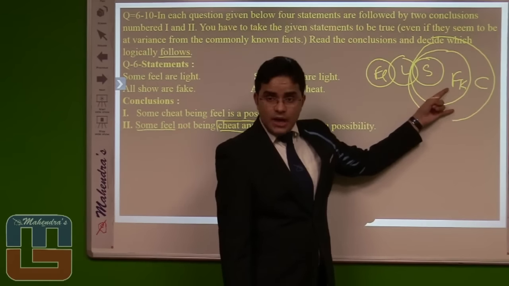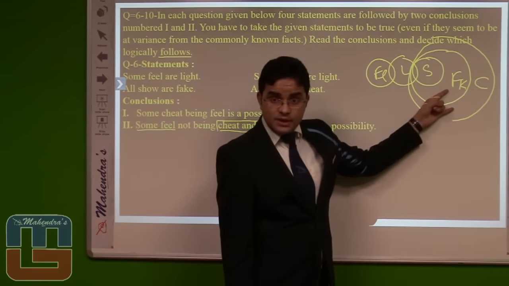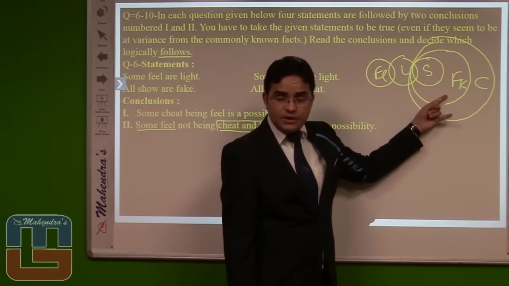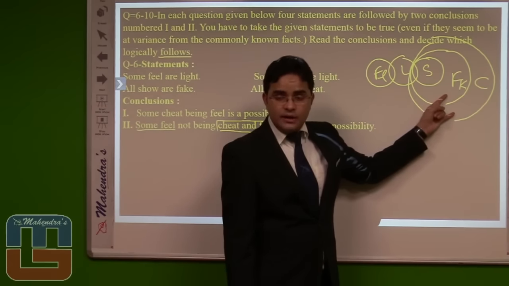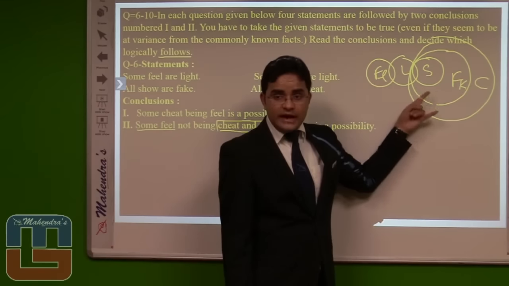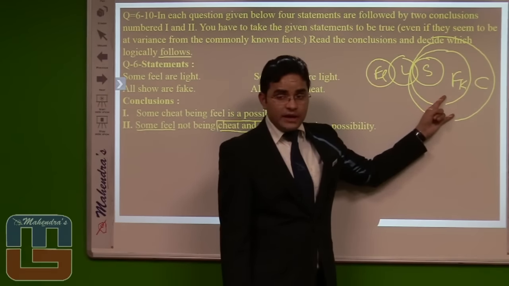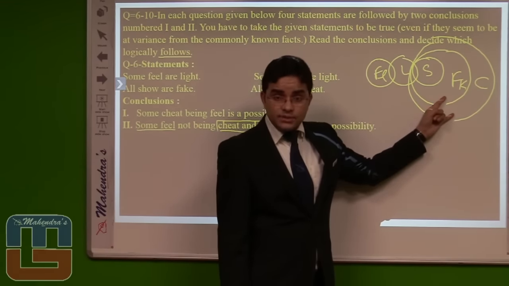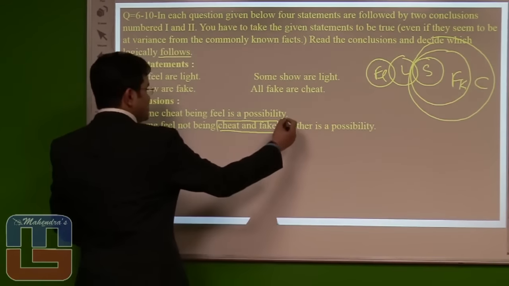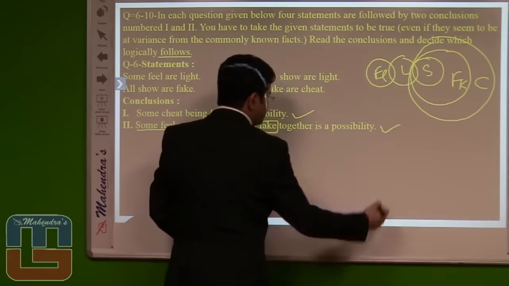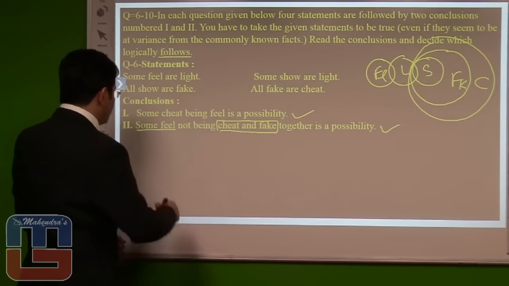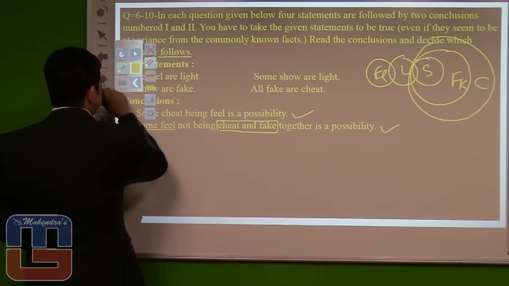Again you can check between fake and cheat there is relation, but feel is not having any direct or indirect relation with fake and cheat. It means possibilities between these two will follow. It means both conclusions follow, first as well as second. I hope you got this question. So let's move towards another question.